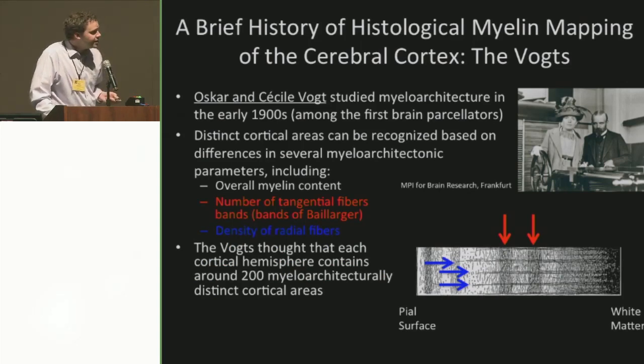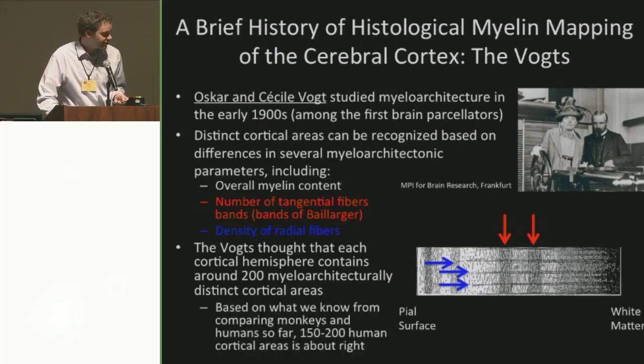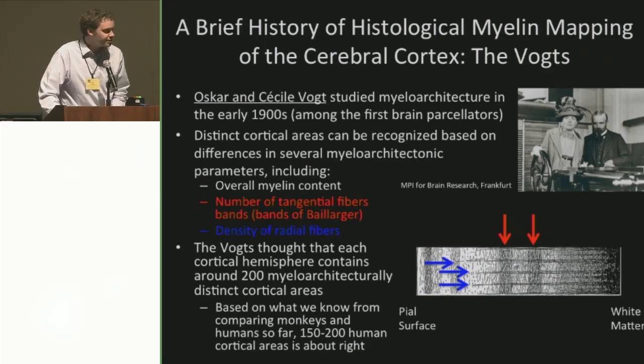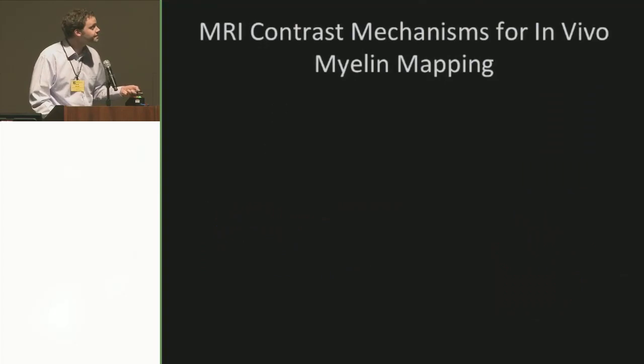The Vogts thought that each cortical hemisphere contains around 200 myeloarchitecturally distinct cortical areas, which, as may have been said earlier by David, based on what we know between monkeys and humans, seems about right.